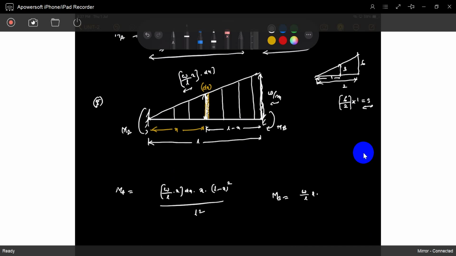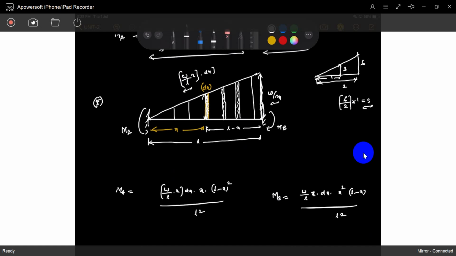Same, W by L into x, x into dx. So this is x square into L minus x divided by L square. But the load is not small, this is only one point load.